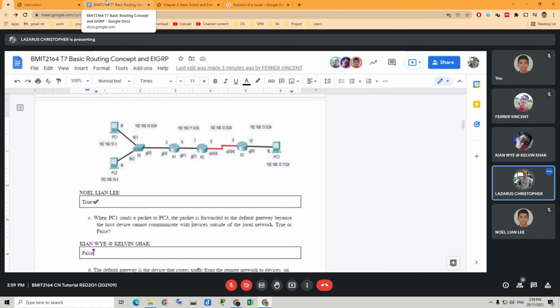So the statement says when PC1 sends a packet to PC3, the packet is forwarded to the default gateway, right? Because host devices in different networks, the sender and destination in different networks, cannot communicate if they are not in the same network. True or false? So that's what the statement says. Okay, so it should be true. Yeah, correct, should be true.